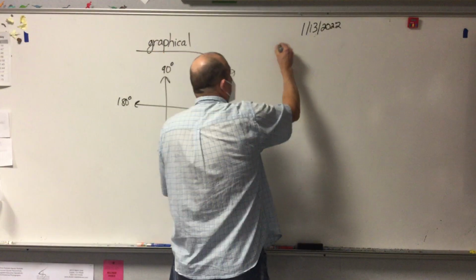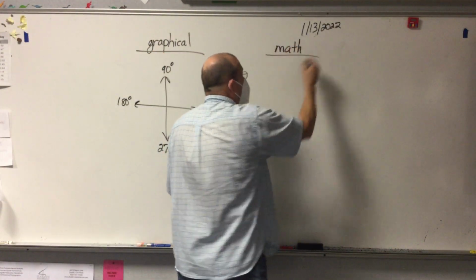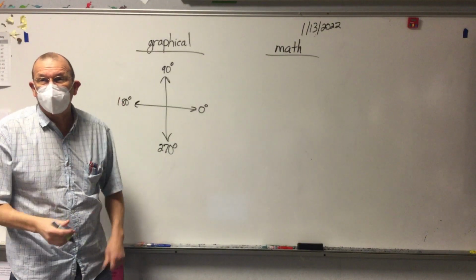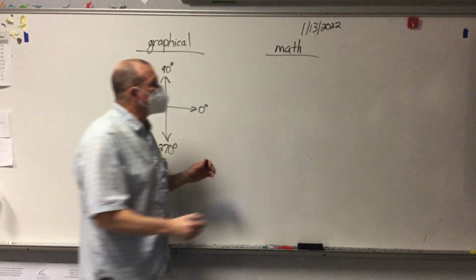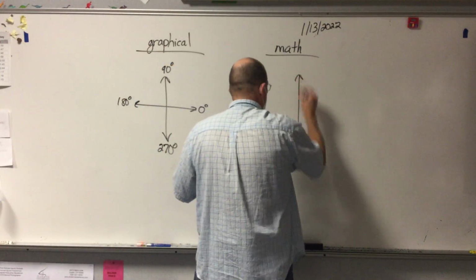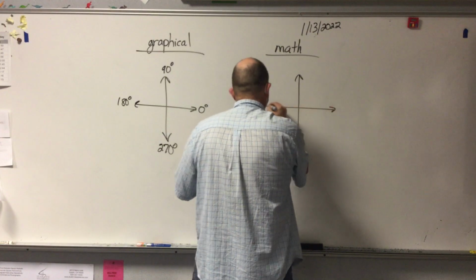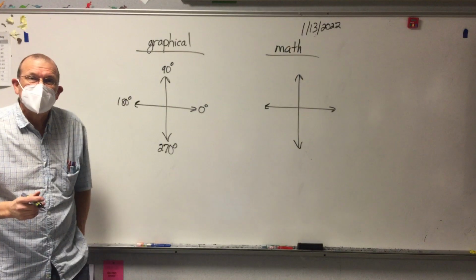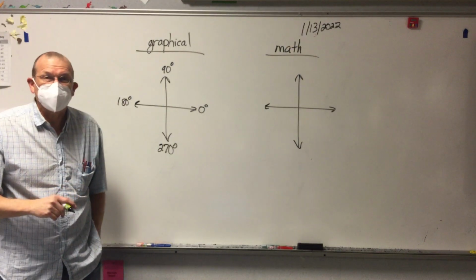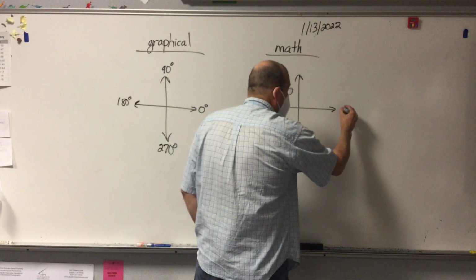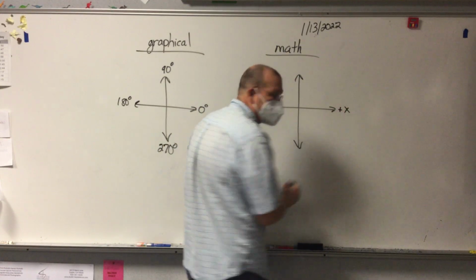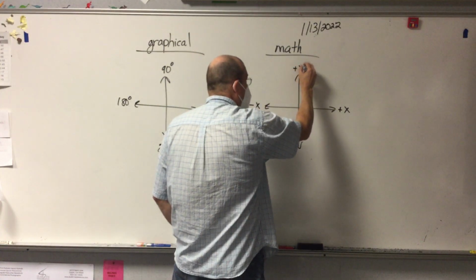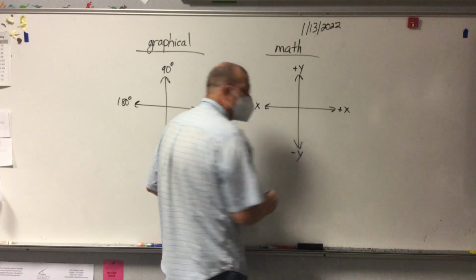So when we deal with vectors mathematically, we are still going to have to think of them in terms of a set of coordinate axes like this, but now we're going back to our Cartesian coordinate system, where this is the positive x, this is the negative x, this is the positive y, and this is the negative y.